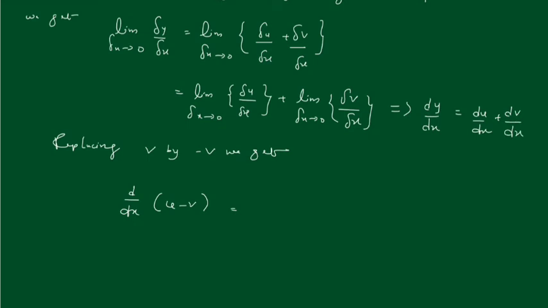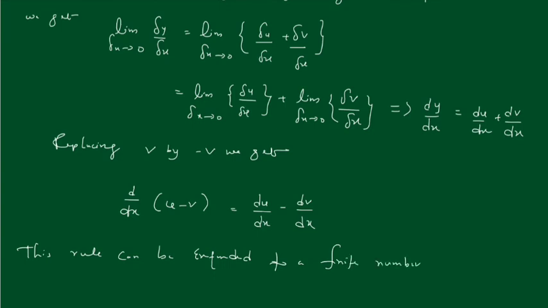Next, replacing v by minus v, we get d by dx of u minus v is du by dx minus dv by dx. So this rule can be extended to a finite number of functions of x.